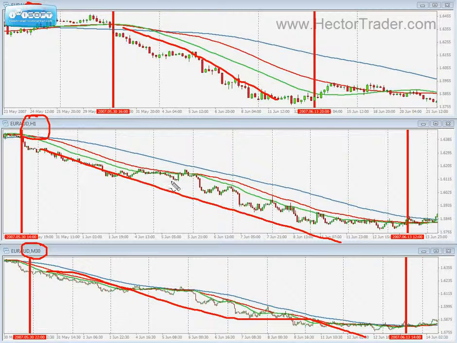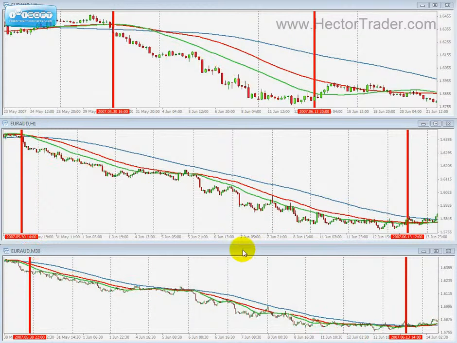We are going to use the 6th condition to determine which time frame fits this trend the best. As we can see, all of them have the 3 moving averages pointing down, parallel to each other, all in order, etc., etc.